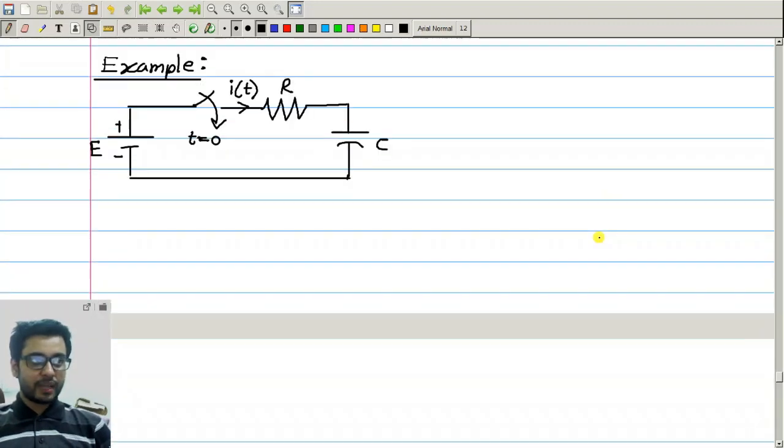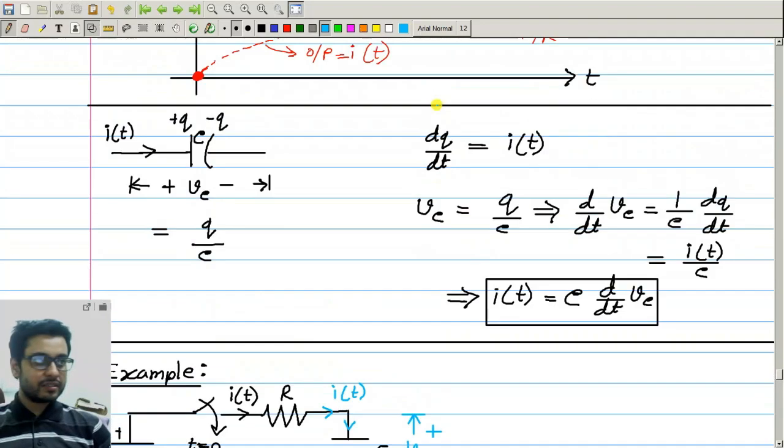Now let us come back to our problem. Let me first call the voltage across this capacitor Vc, with this side plus and this side minus. This current i(t) is coming in from the top, from this positive side.